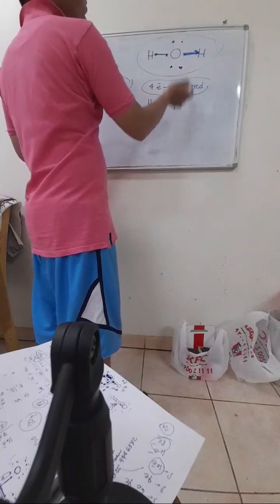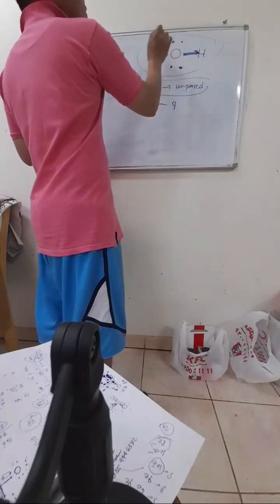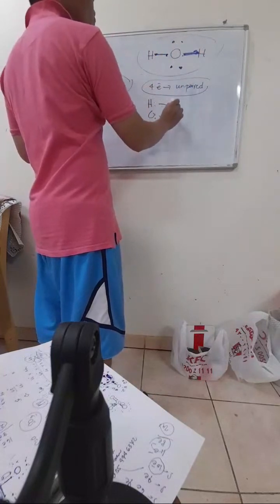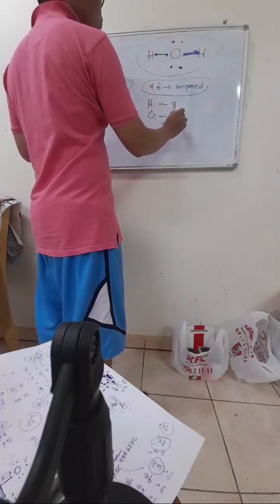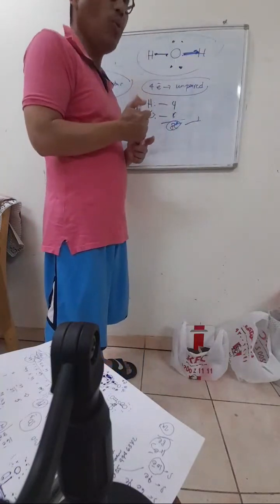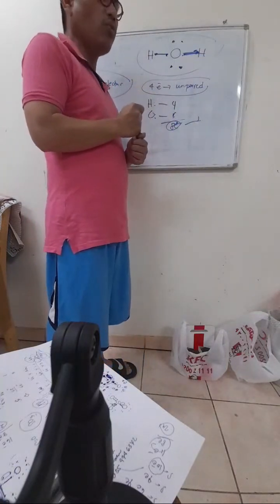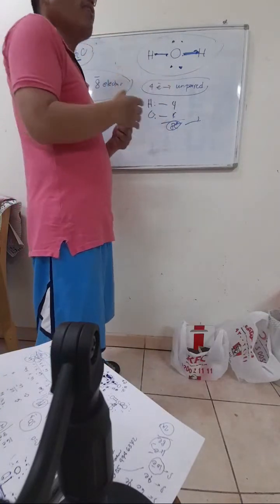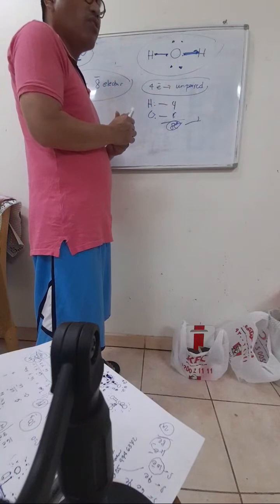Hydrogen 4. Oxygen 1, 2, 3, 4. A total of 8 electrons. So it is under the octet rule, which is 8 electrons being shared by both. But it doesn't mean that there's an equal sharing of electrons.